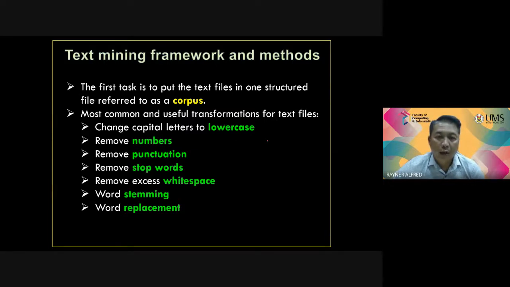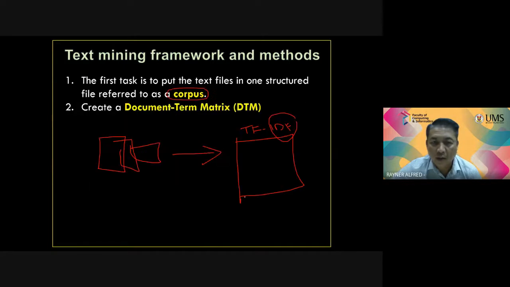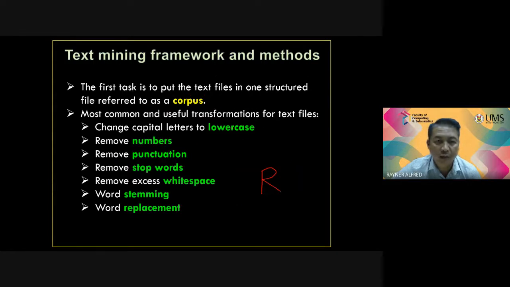Okay, in the real world application, for this exercise, we will be using the R software. So before we can process or convert them into a document term matrix like this, we have to remove some of the noise, or do data cleaning or data pre-processing.